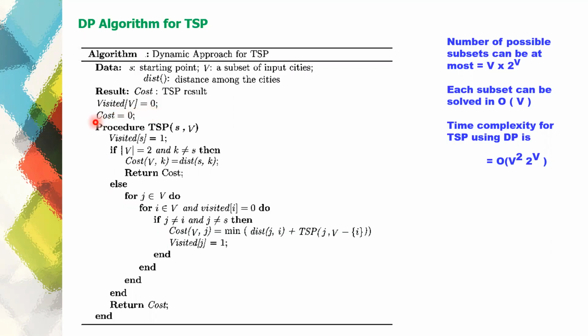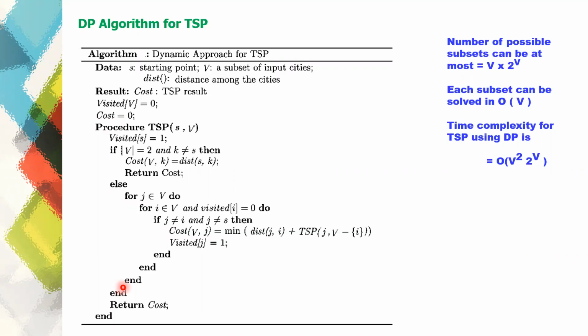Then I'm going to initialize the cost of the shortest path, because I have not yet started calculating. So the initial cost of the shortest path will be equal to 0. Then further, I'll try to visit different paths. I'll try to find out all the possible routes. I'll calculate the length for each route, and I'll find out the shortest route.